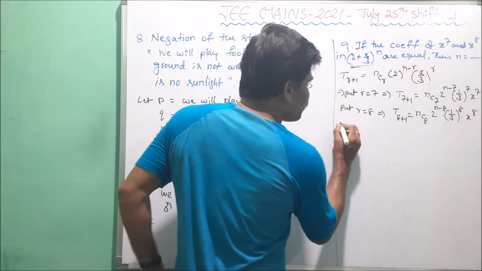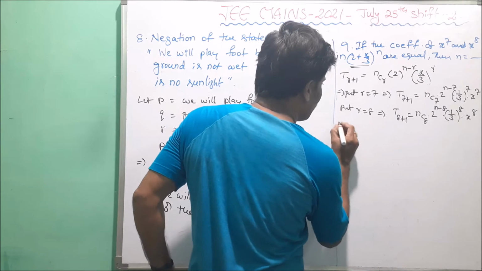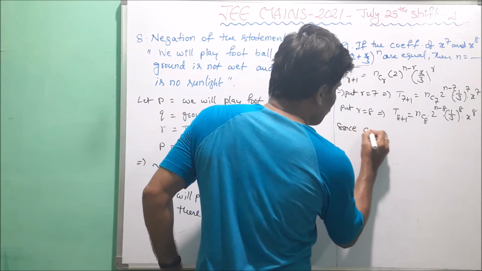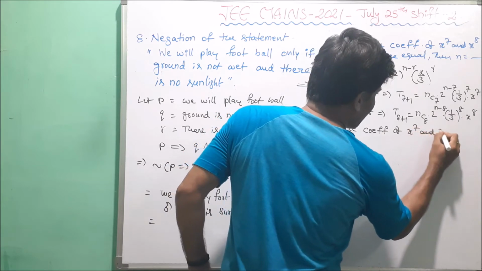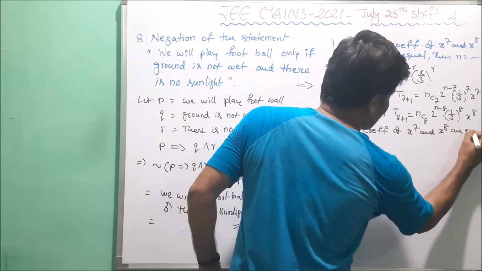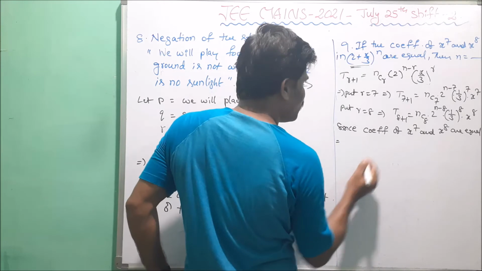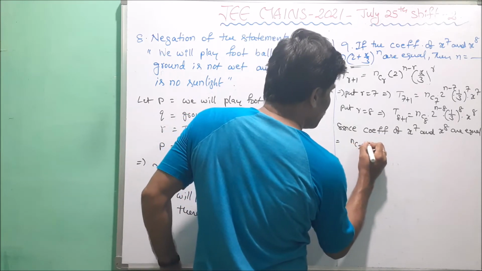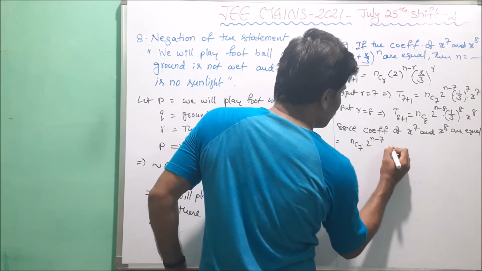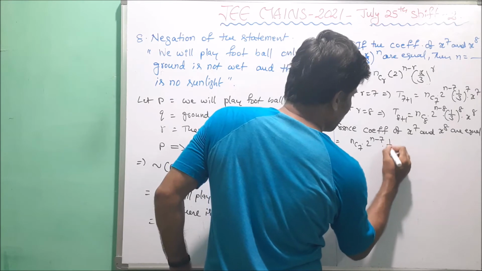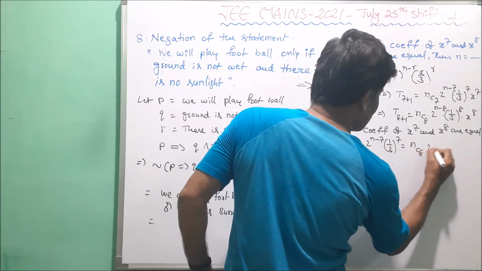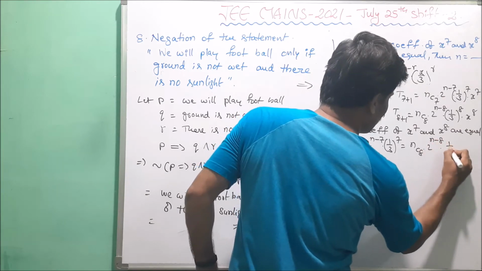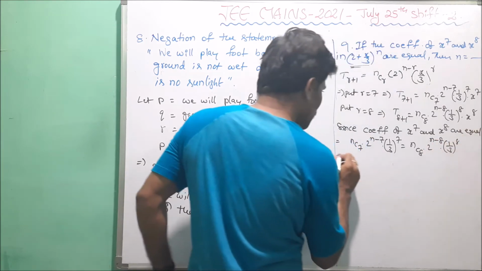Now equating these, since coefficients of x power 7 and x power 8 are equal, then we write nC7 into 2 power n minus 7 into 1 by 3 whole power 7 equal to nC8 2 power n minus 8 into 1 by 3 whole power 8. Now it can simplify.